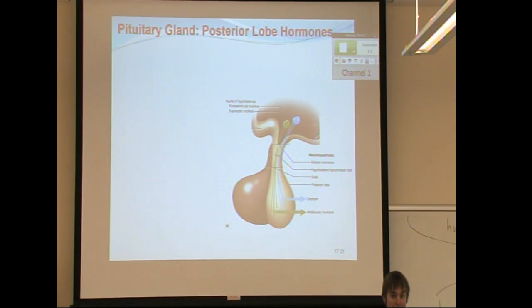Starts with an A. An action potential, remember that word? So you start an action potential here, based on whatever the signals are from the hypothalamus, and it travels down here, and then those hormones are released from the terminals straight into the capillaries.